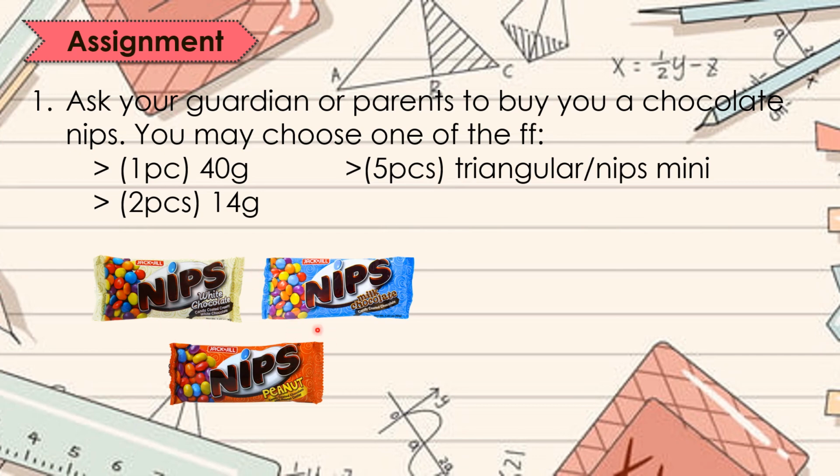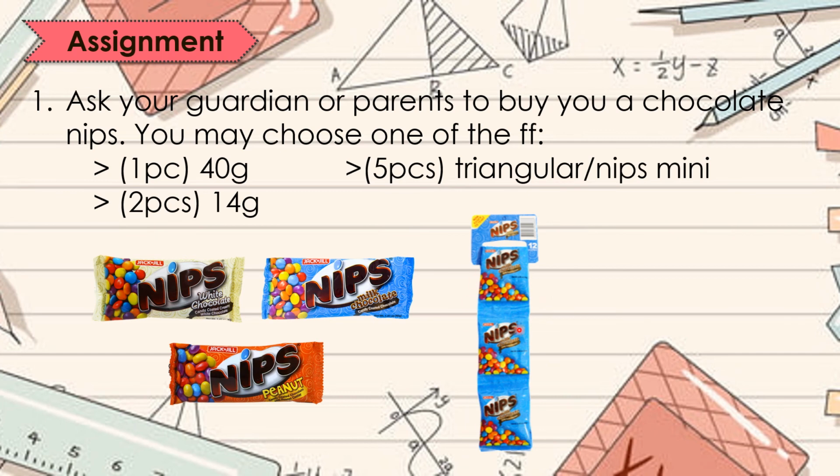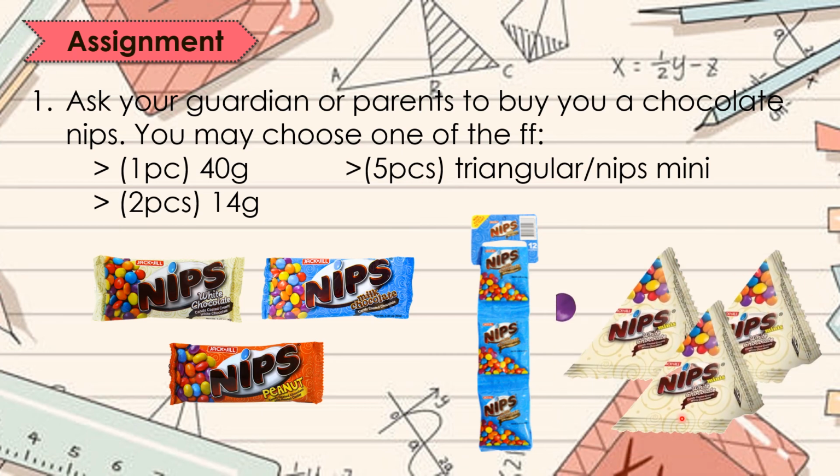Pero kung 14 grams ang bibilhin, makikita na to sa tindahan, kailangan dalawa. Kung ang bibilhin mo naman ay yung triangular, o yung mini nips, kailangan 5 ang iyong bibilhin.